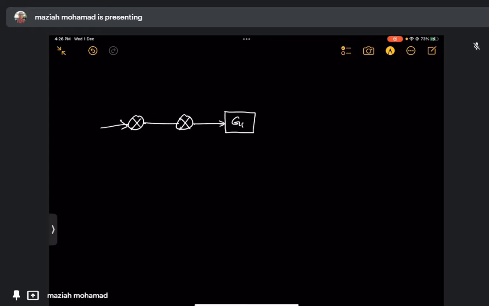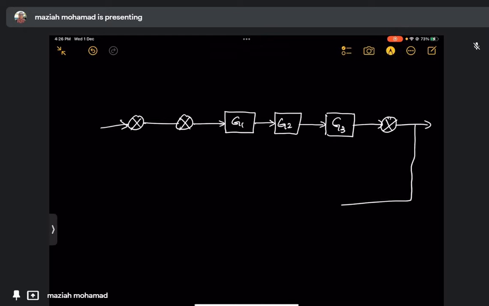If I get the equation, if there is a minus at the sign there, how can I draw the block diagram? Sekejap. G3. Before G1 there is G5.